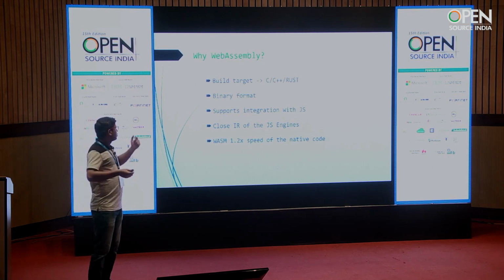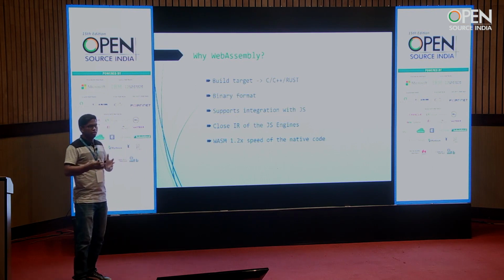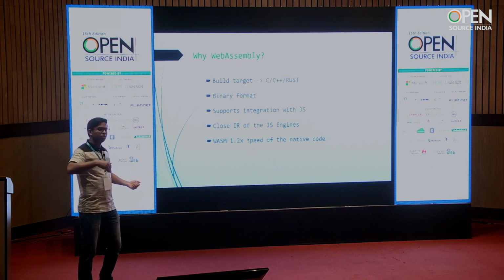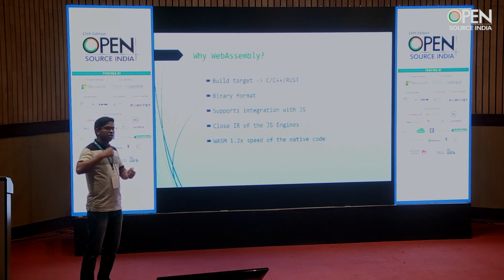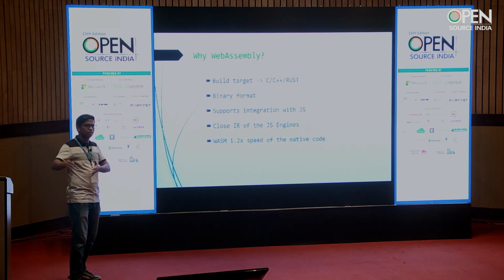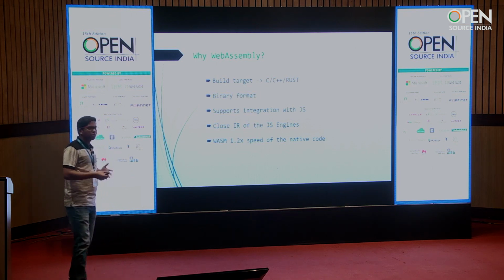To run C or C++ to WebAssembly, you need to install Emscripten and so on, which are listed in the next slide. In Rust, it's supported out of the box. It has a target, commands which execute your Rust program and build the WebAssembly bytecode, in binary format.